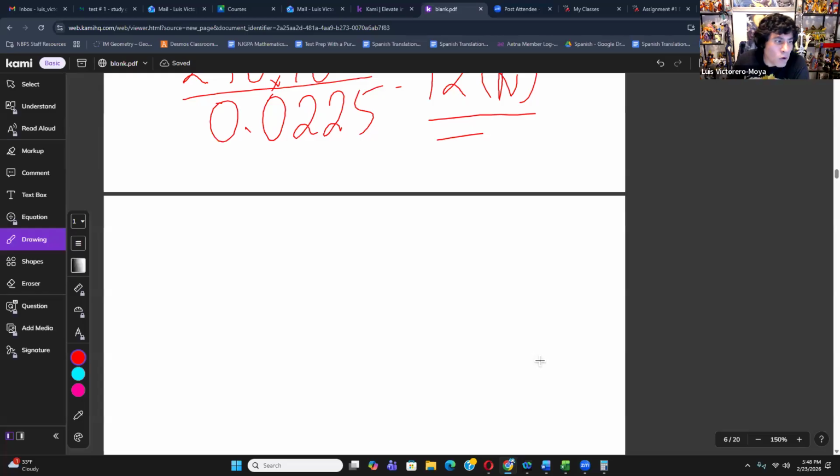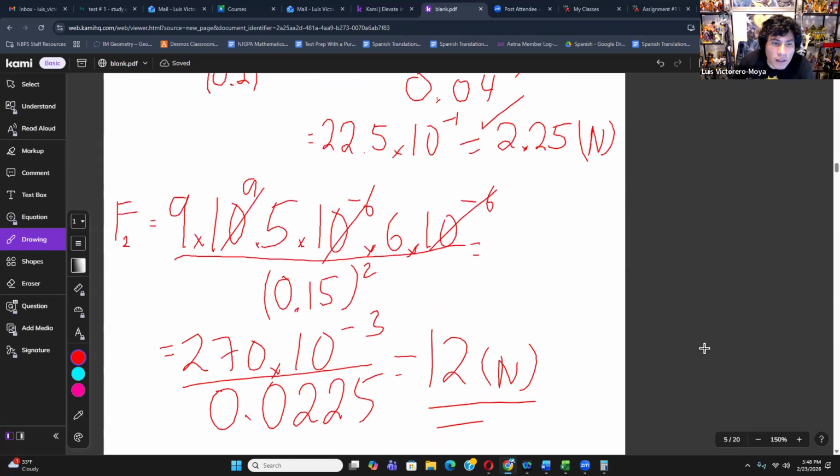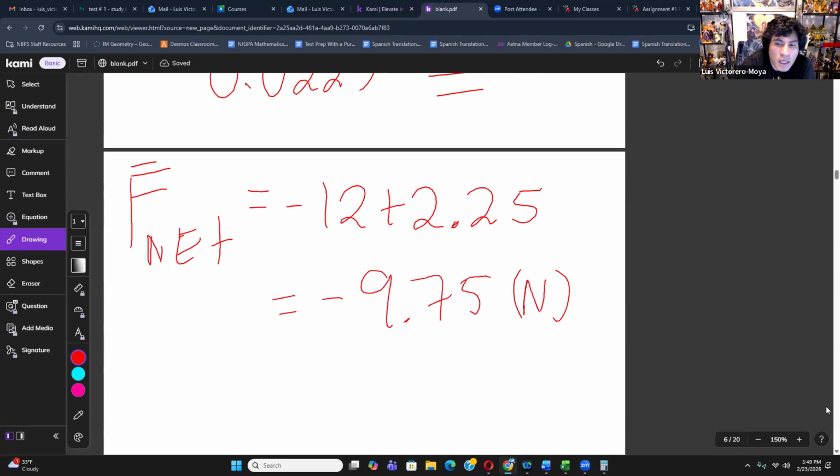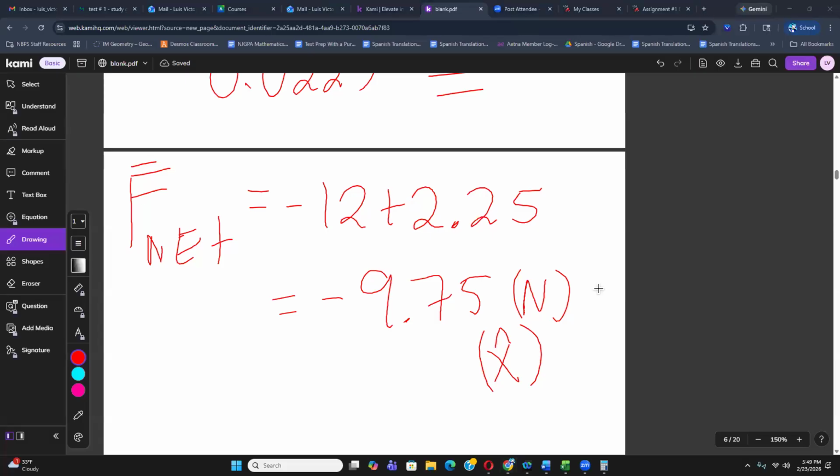So the net force, F net, vector-wise, at Q3 will be negative 12 plus 2.25, which will be negative 9.75 newtons in the x direction. Is 12 negative because it points to the left?